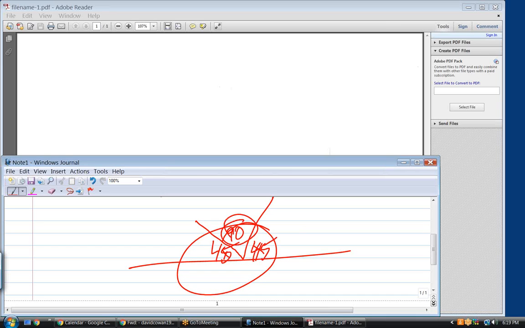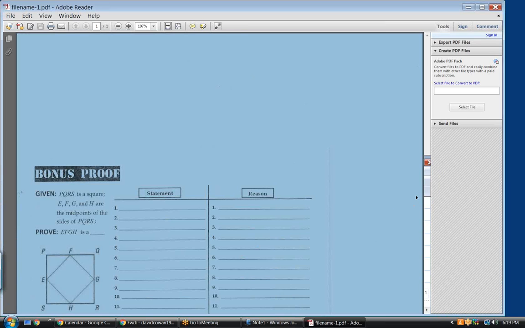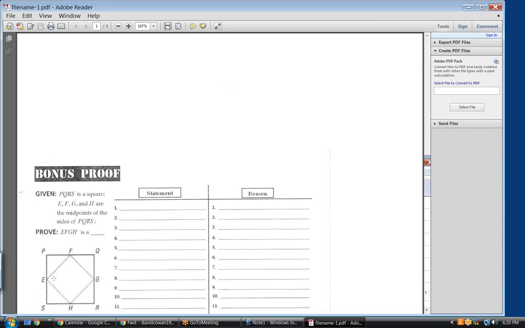Since they all have to add to 180, that one's 90. That same reasoning is for every one of these angles. If we know each of these are 45, then each of these has to be 90. Now we know that is a square. Why? Because it's got four equal sides and four 90-degree angles. Awesome.